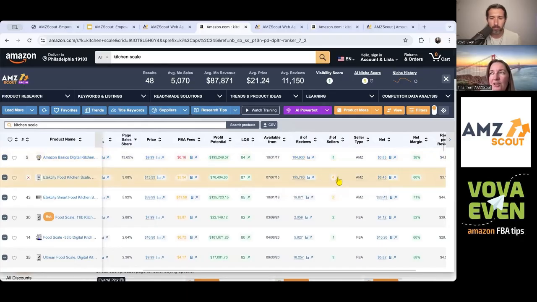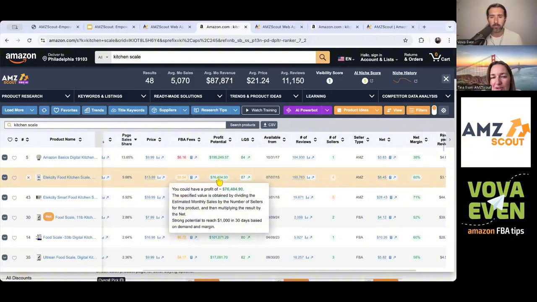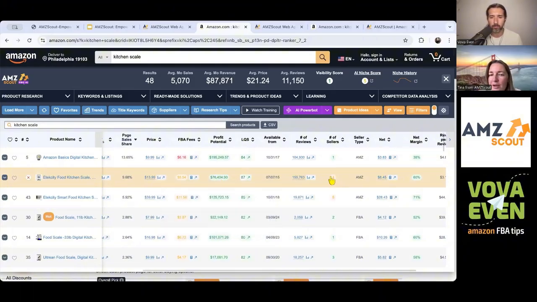We don't know the sales division between the 4 sellers, but they are not equal for sure. It's not like they all sell 25% of the sales, but we don't really know. So we just divide all the sales by 4 in this case, and again subtract the FBA fees. And that's the profit potential that stays with one seller.